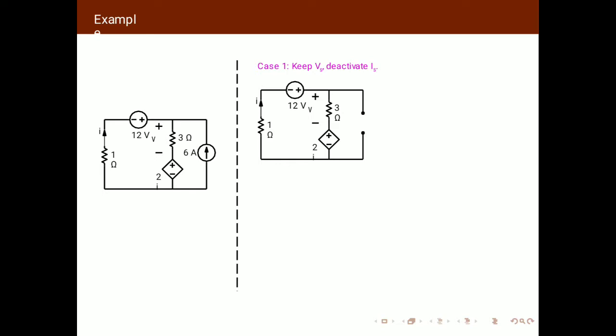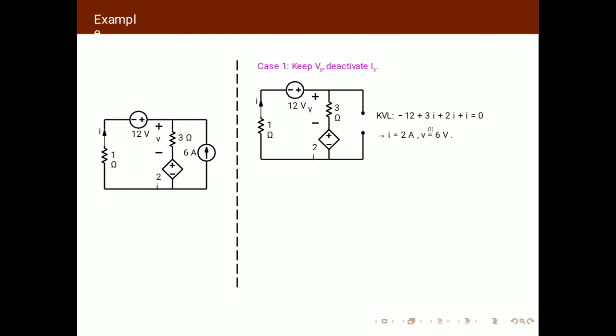So how can we write this equation? Write the KVL loop equation: minus 12 plus 3I plus 2I plus I equals 0. So I is equal to 2 amps, then V is equal to 6 volts.